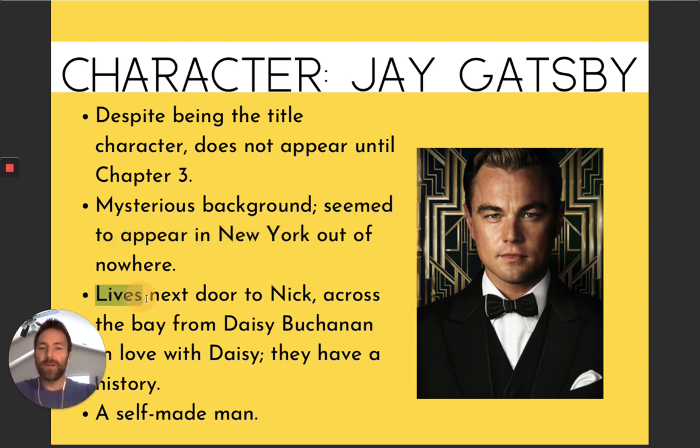He lives next door to Nick, across the bay from Daisy Buchanan. He is in love with Daisy. They have a history. I won't say too much more beyond that, but he is a self-made man. Again, I won't say too much, but he is very rich, and he's made it through his own powers, or through his own abilities and talents, right?